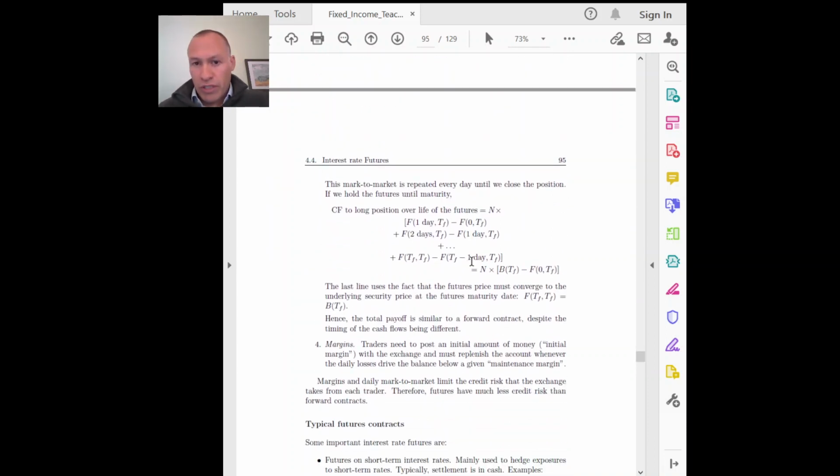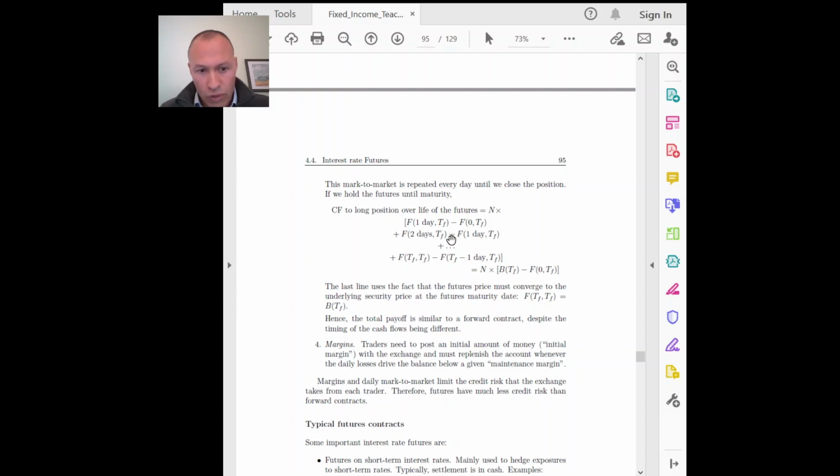If I hold the futures position until the end, I have this stream of cash flows that happen every day, for the first day, the second day, and so on until the last day. And I can see that these terms mostly cancel each other out. The futures price at the end of the first day cancels with the one that refers to the second day.